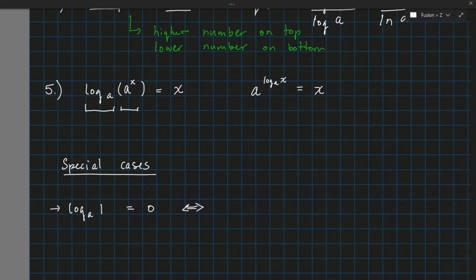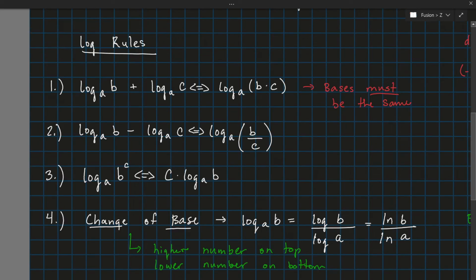So what would this equation be in exponential form? Start off with 1, right? Look at what I wrote at the beginning, if you don't have it.